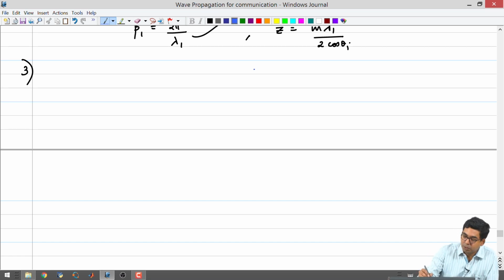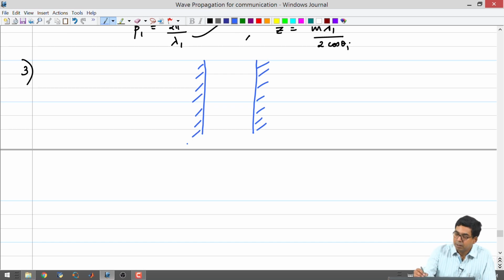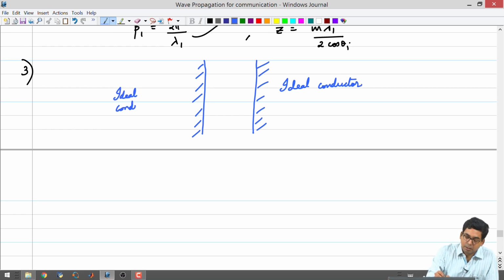The schematic now would look like this: I have an ideal conductor on the right, an ideal conductor on the left side.